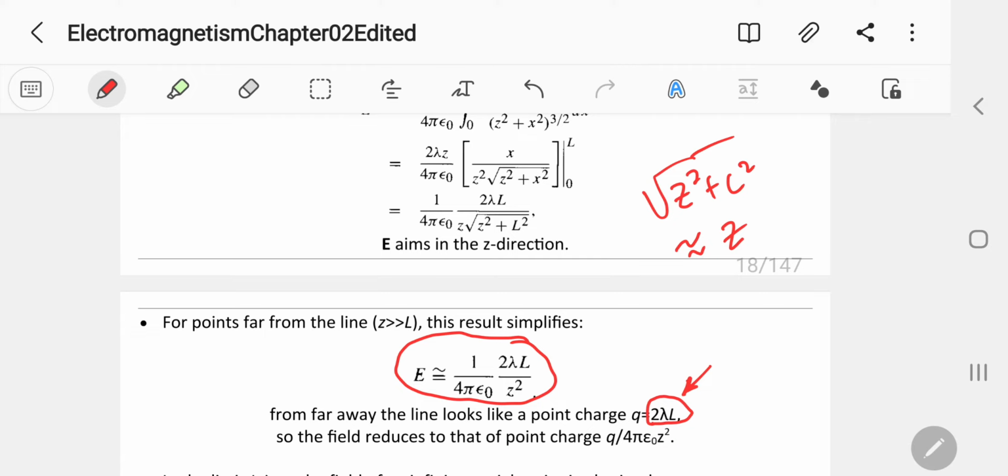Far away, you will see the line as a point, and it has the total charge of Q, and so your electric field would reduce to Q over 4 pi epsilon sub O z squared. And this is just the electric field that was given by Coulomb's law.